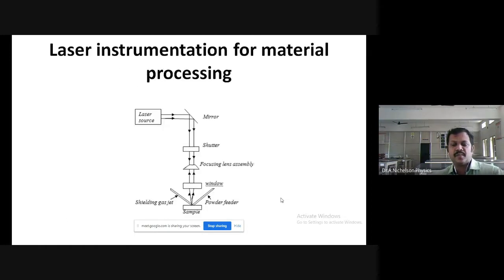And this is the common setup for the material processing. Just have a look at this. So there is a laser source, and it is made to fall on a mirror. The laser beams are reflected, and there is a shutter which allows the laser beam to pass through.